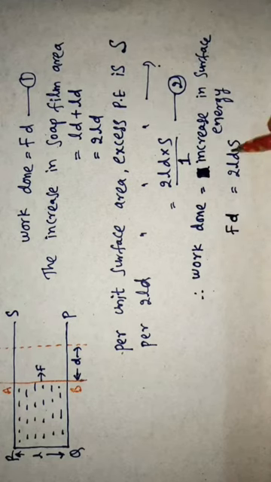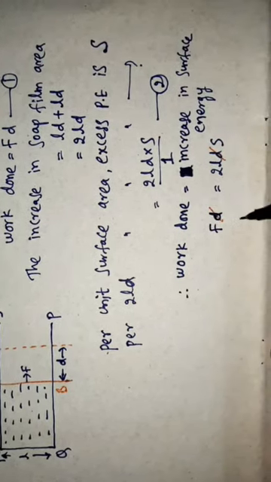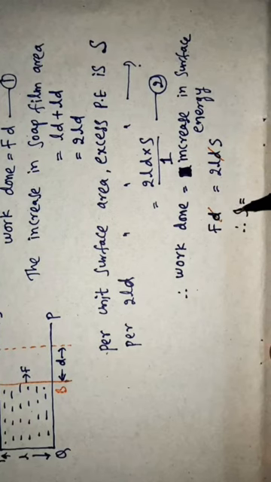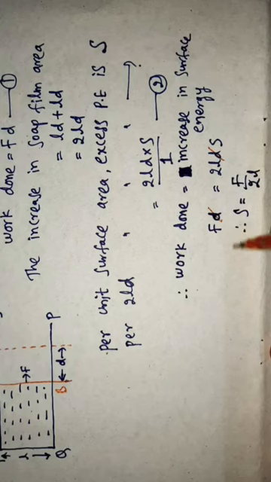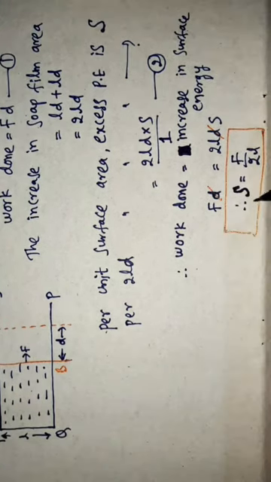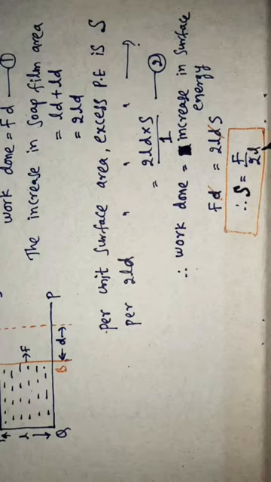So D cancels. From this we can write S is equal to F by 2L. Here surface tension S is equal to force per length.